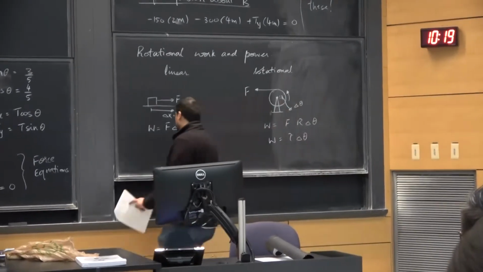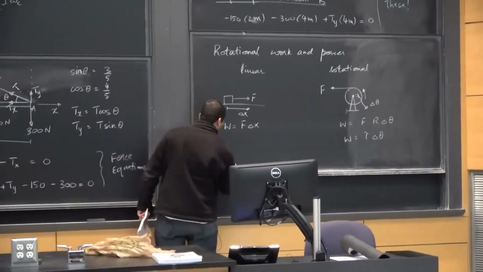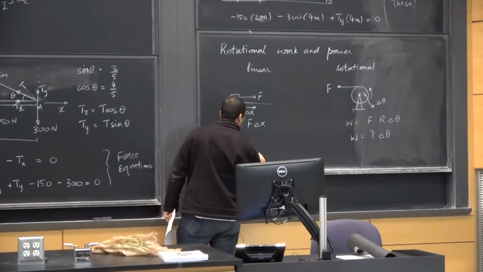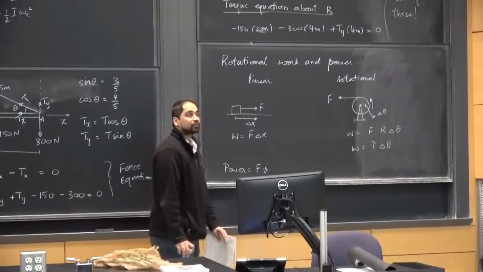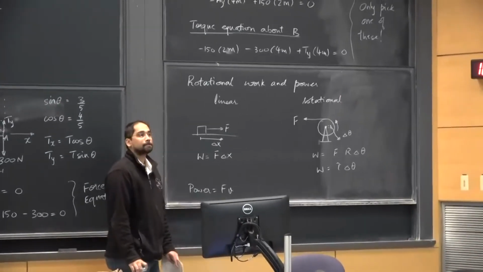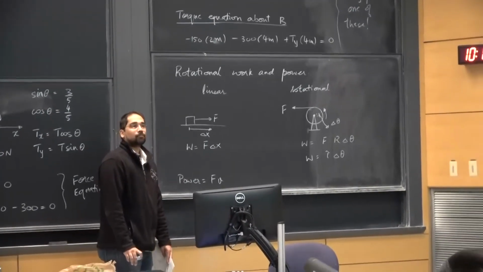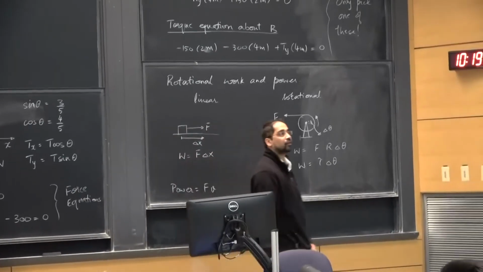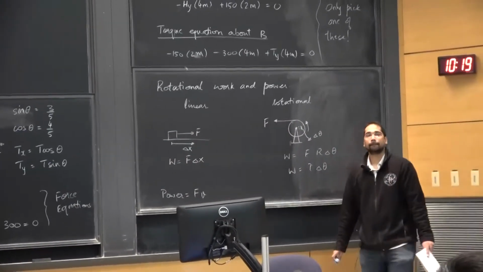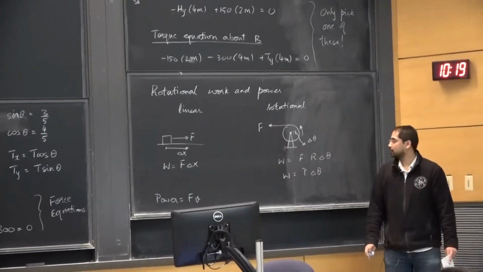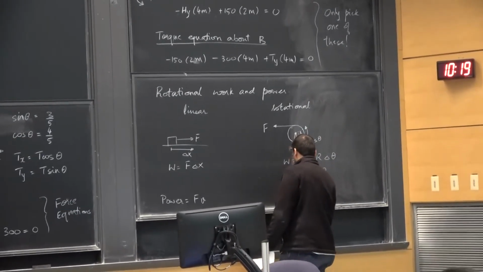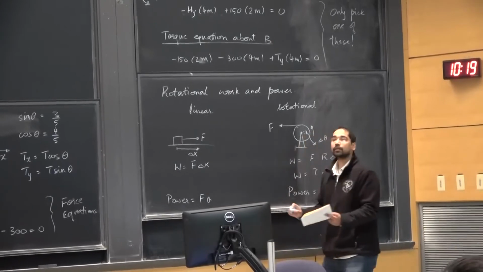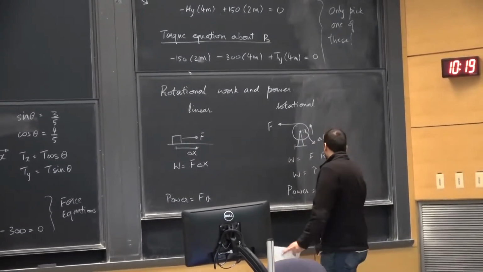And because power is Fv in a linear context, what should it be in a rotational context? What is the analog for v in rotation? Omega. So power should be tau omega.